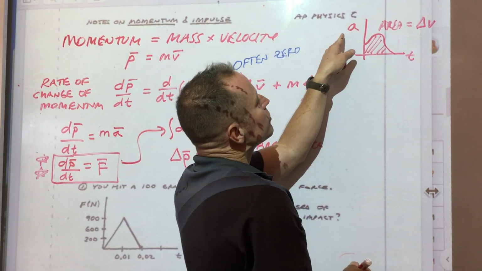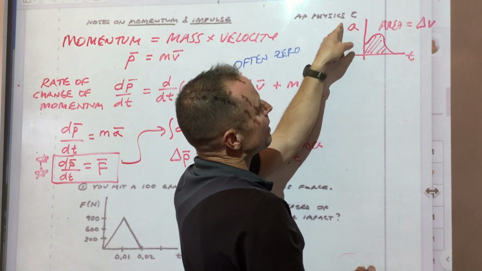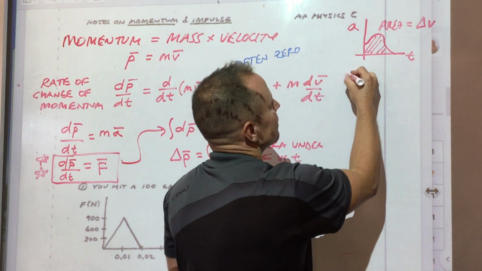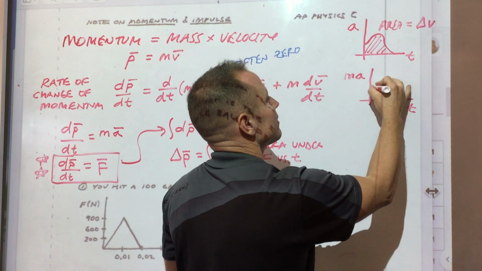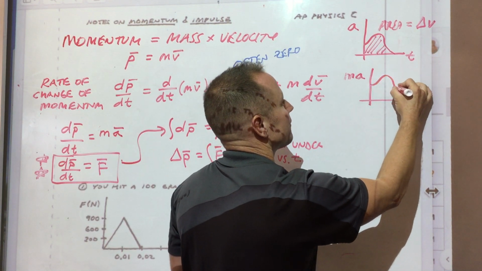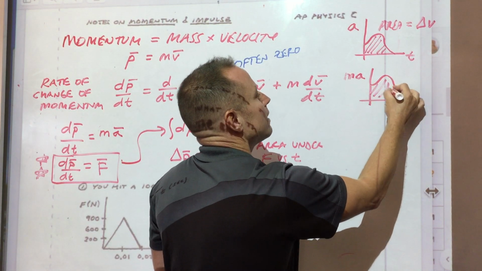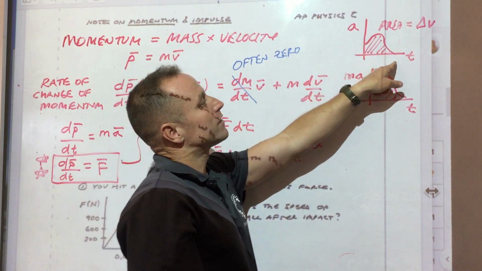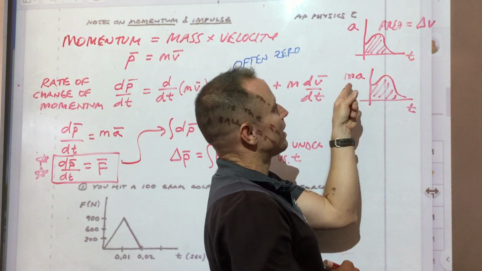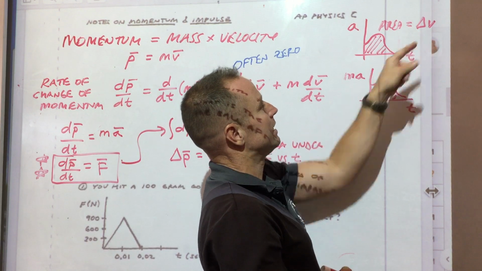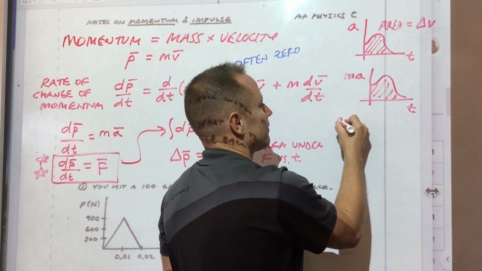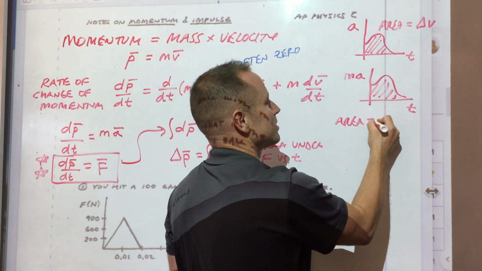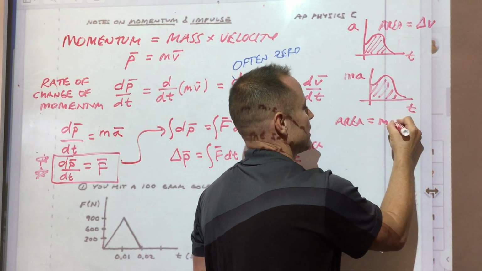Well, if you multiply this by m, so you make an ma graph, which is really a force graph versus t, well, if the area under a versus t is delta v, then the area under ma versus t must be m delta v. So the area is m delta v, or delta p. So it's really not that new what we're doing here.